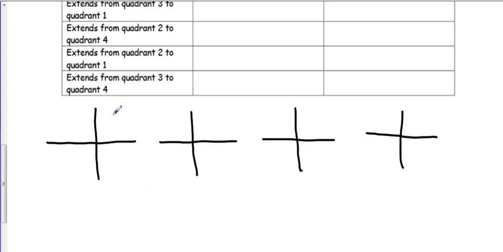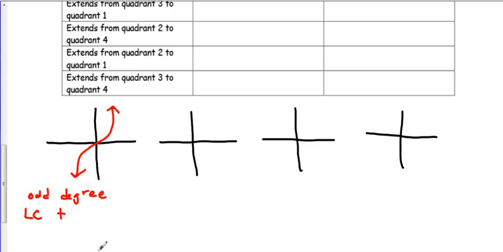And if I drew something like this, you should be able to tell me whether that's even or odd degree now. So this is an odd degree, and the leading coefficient is positive.